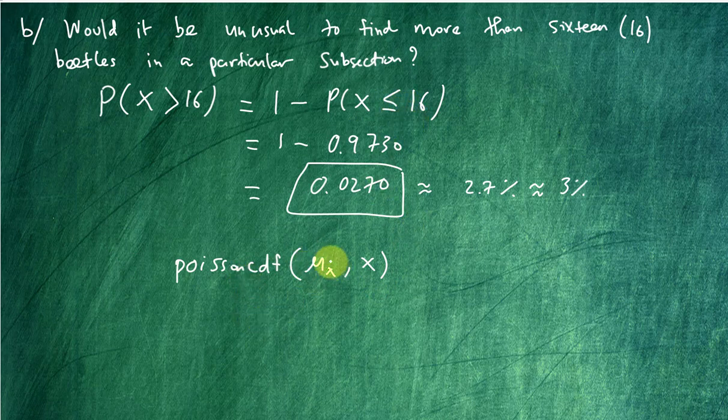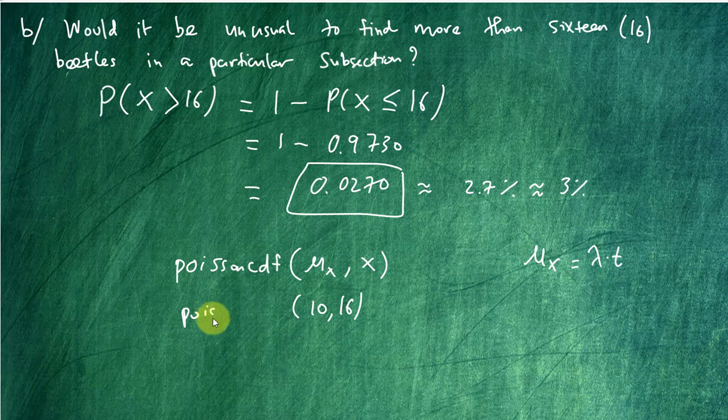In this case, we got the expected value from part A, which is 10, and the x value is your number of successes, in this case 16. Remember, the expected value is equal to lambda times t. In this case, part A gives you 10.